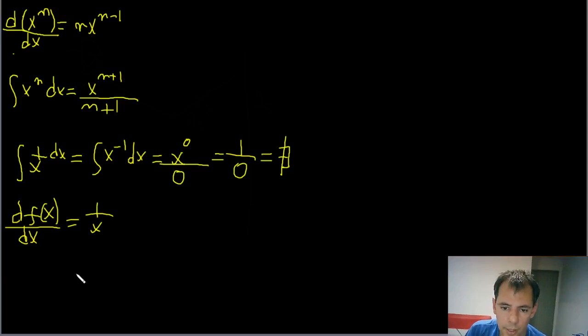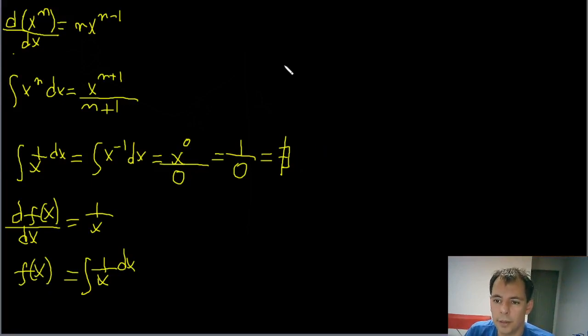You know that the integral of 1 over x dx is going to be equal to the same function. And that's what mathematicians found out. So I'm just going to do this on this side here, separating this thing.